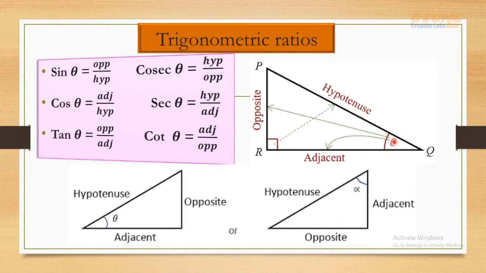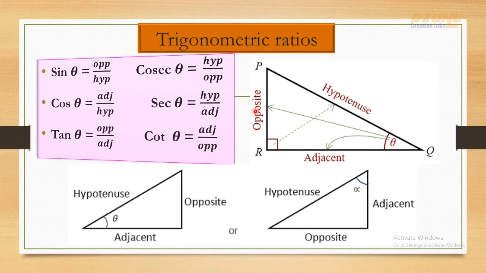If the angle is given at Q, here the angle theta is given at Q, then the side opposite to that will be the opposite side, and the side nearest to that will be the adjacent side. If P is given as the given angle or theta, then the opposite side will be here, and the adjacent will come as here.